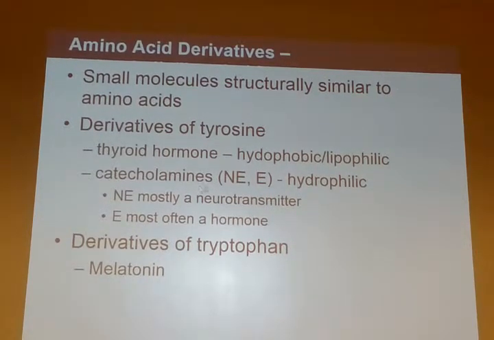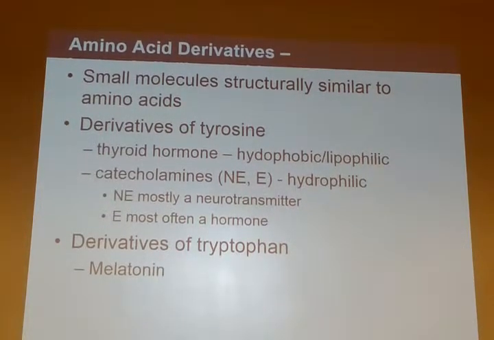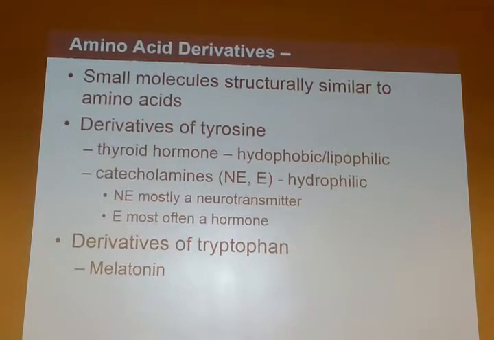So it says norepinephrine and epinephrine because that's usually what comes out of the adrenal medulla, which is 80 to 85% epinephrine, and then 15 to 20% norepinephrine. Very rarely dopamine.